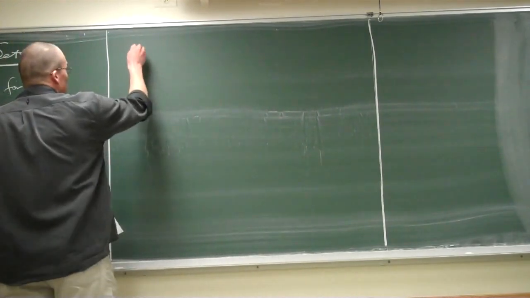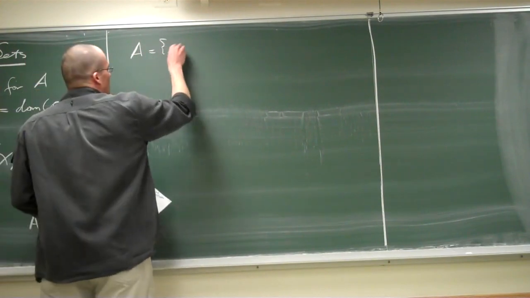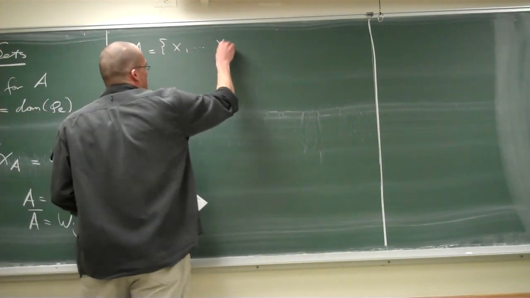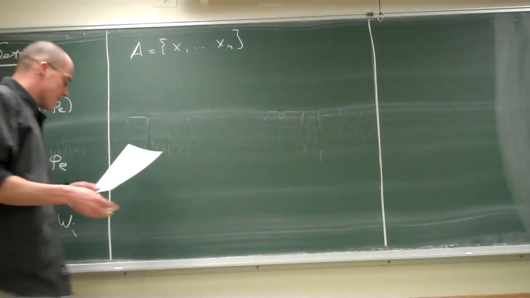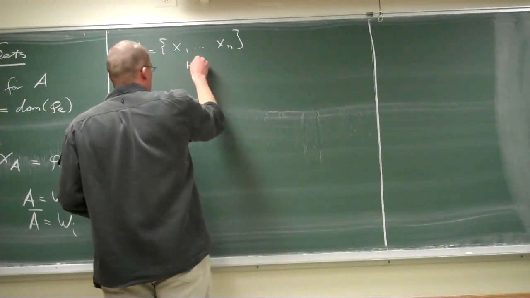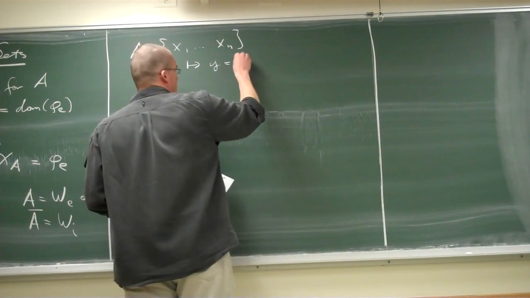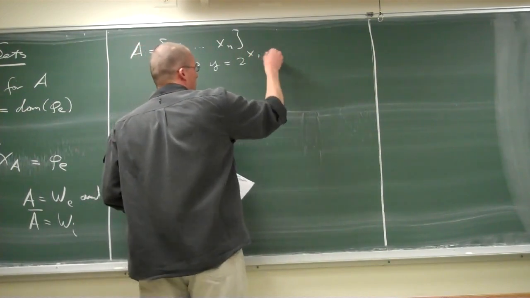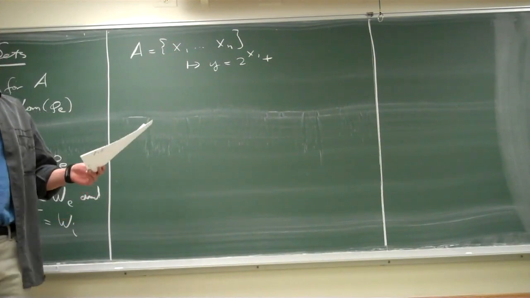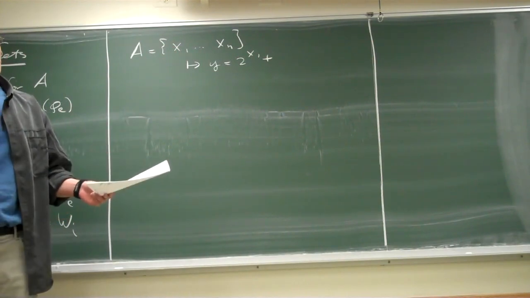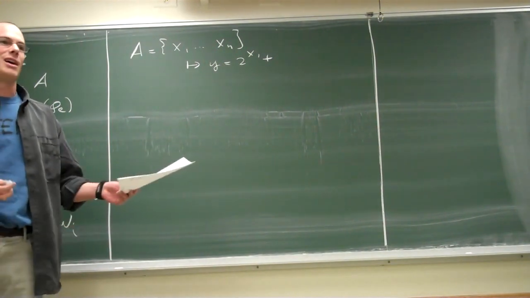Now there are particular examples of sets which are even nicer than ordinary computable sets, and those are finite sets. And for finite sets we have some really nice indices too. Let's say I have this set {x1, ..., xn}, a finite set, then we can represent this by a single number y. There are of course many choices here, and you should hope that it doesn't matter which reasonable choice you pick.